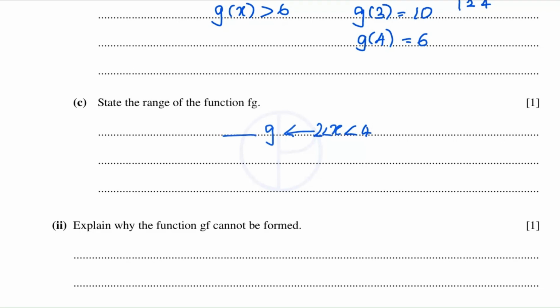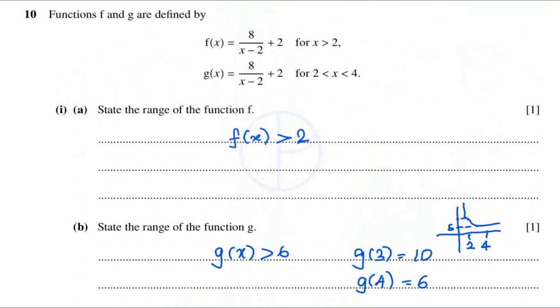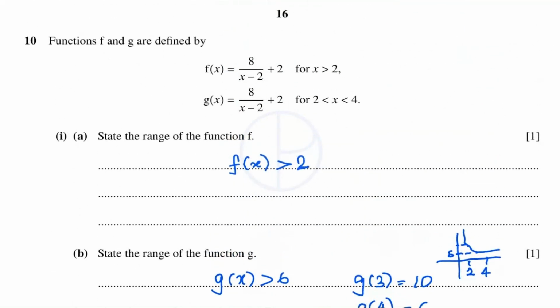So the output it gives is greater than 6. This is given as the input to the function f. So what is the output? When x is greater than 2, the output we are getting is greater than 2. When x is greater than 6, we are getting 4.